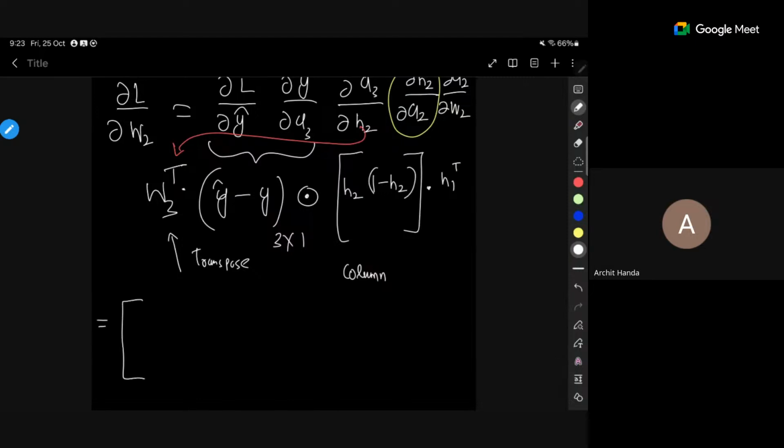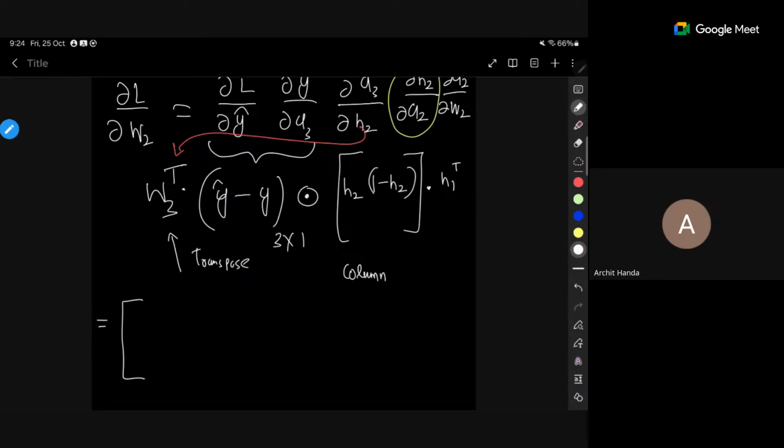So let's do this. What is W3? W3 is 1 0 0. Oh, I have to take the transpose of it.